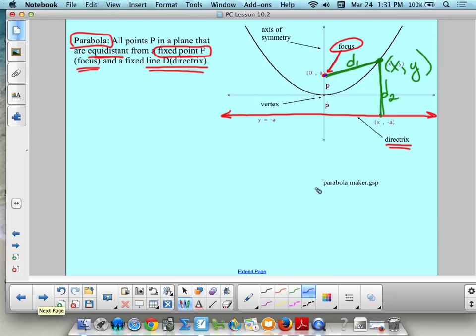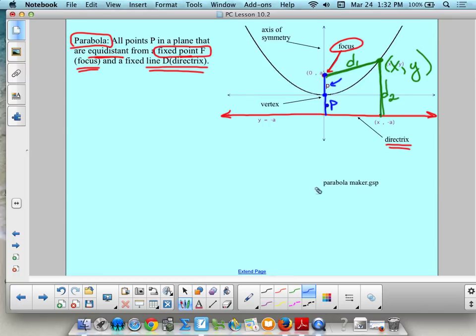Okay. From the focus to the vertex, they give this distance a letter. The letter is P. So what is the distance from the focus to the vertex? P. Now, what is the distance from the vertex to the directrix? They also give it the same letter, P. So here's the deal.